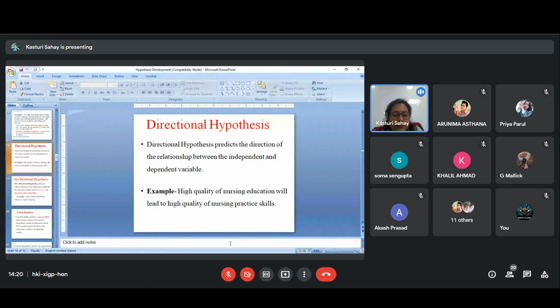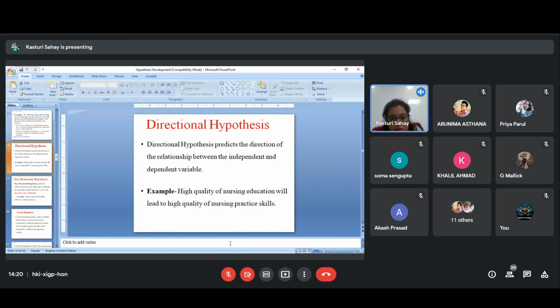Next, the third kind of hypothesis is your directional hypothesis. Now, many a times you must have heard one-tail test, two-tail test. So what is all this about? So directional hypothesis predicts the direction of the relationship between the independent and dependent variable.